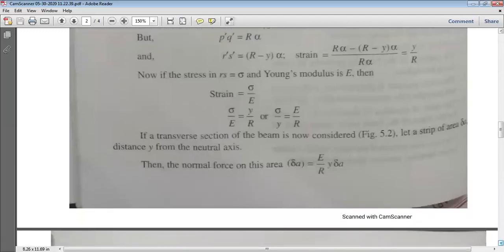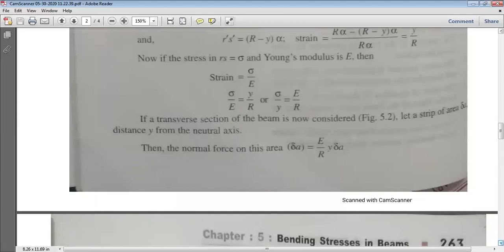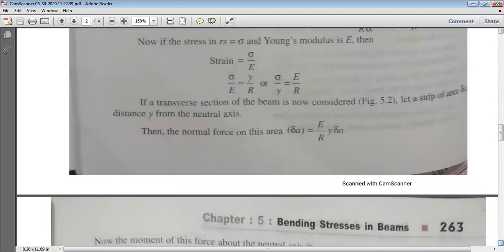And when we have got sigma by Y equals E by R, this is the basic criterion. So now half of the equation is done. The other half will be derived with the help of force. We also know that force is equal to stress multiplied by area, because stress is force per unit area.